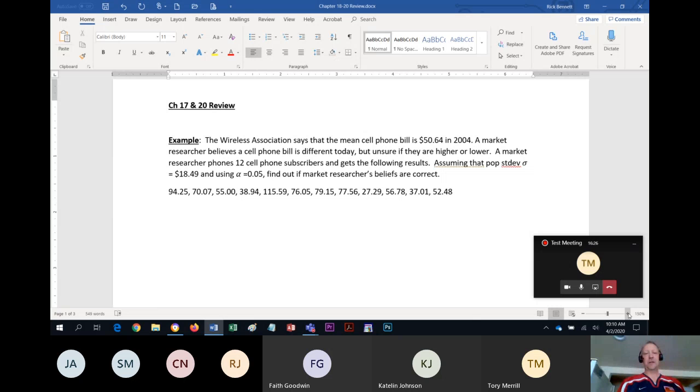The market researcher phones 12 cell phone subscribers and gets the following results. Assuming the population standard deviation is 18.49 and using alpha as 0.05, find out if the market researcher's beliefs are correct. And then we've given you the actual raw data.